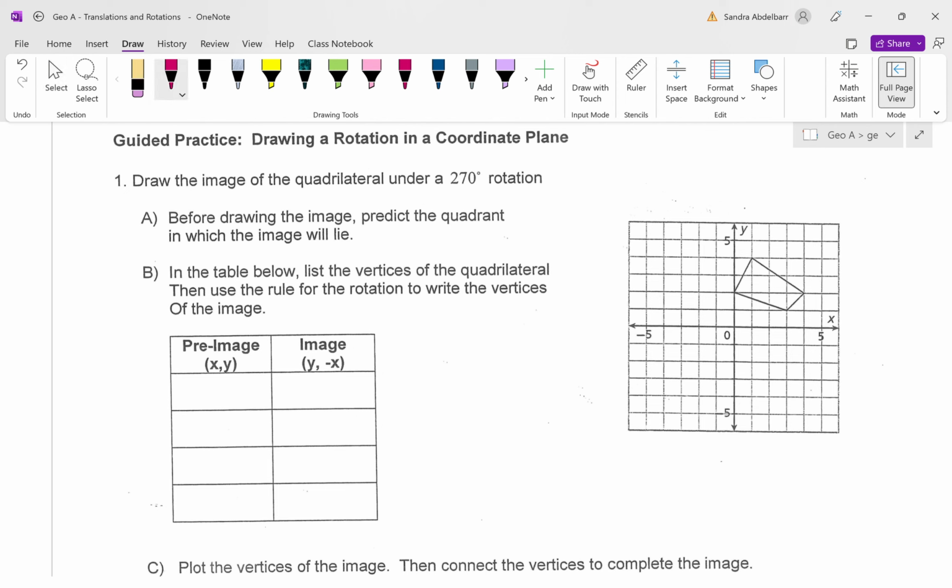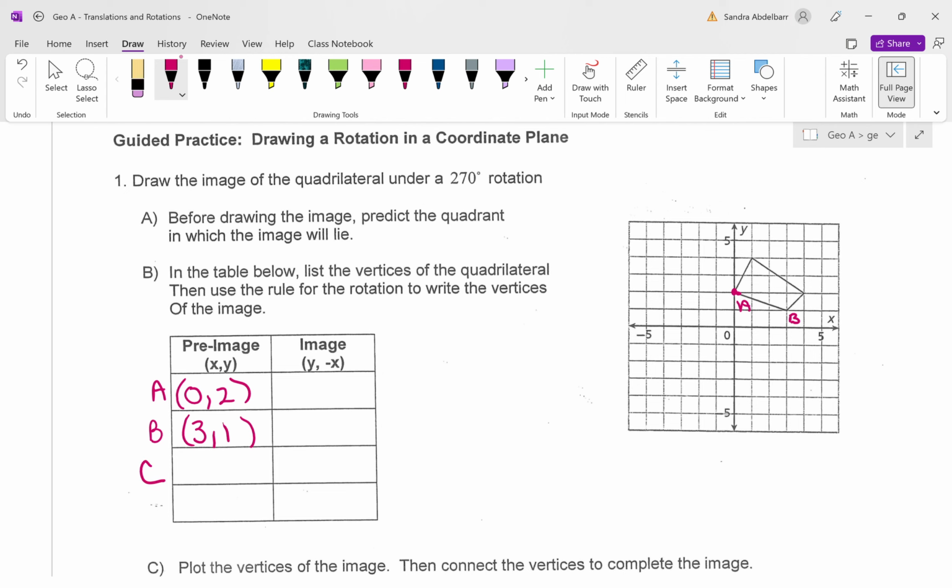Let's list all of our pre-image coordinates. So here, let's call this A. I have the point 0, 2. And then B, we have the point 3, 1.